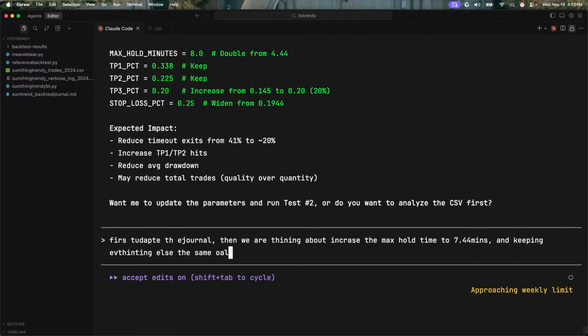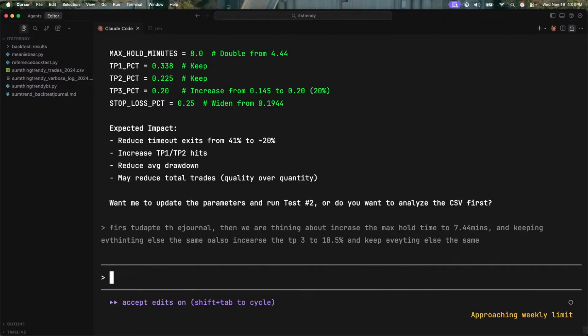Also increase the TP3 to 18.5%, and keep everything else the same.